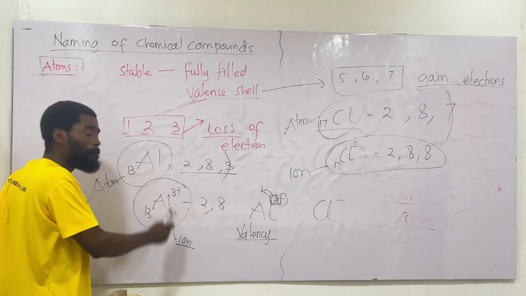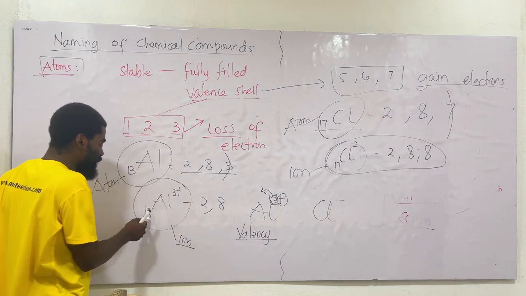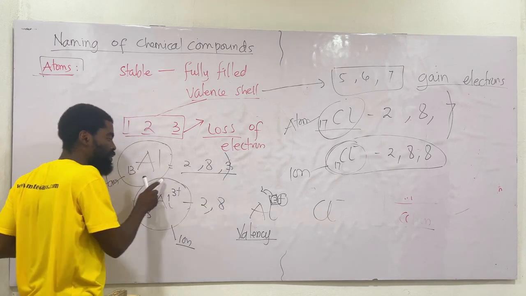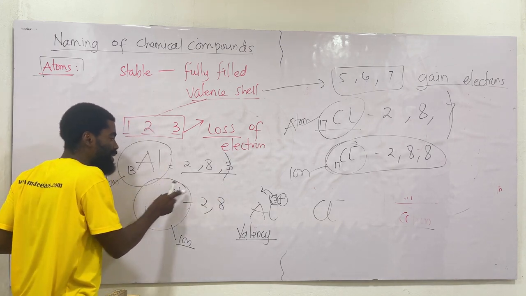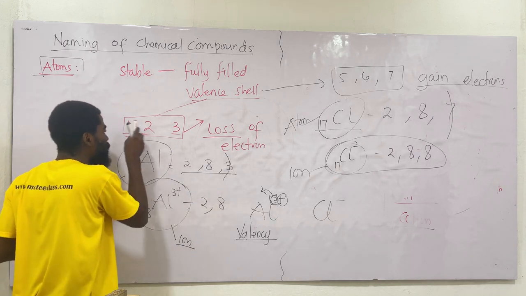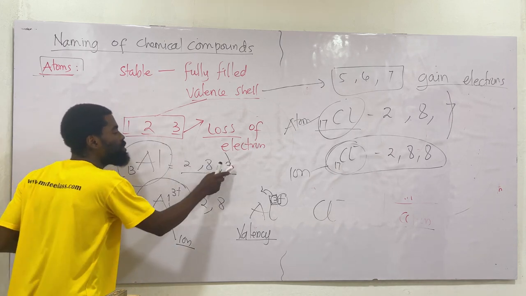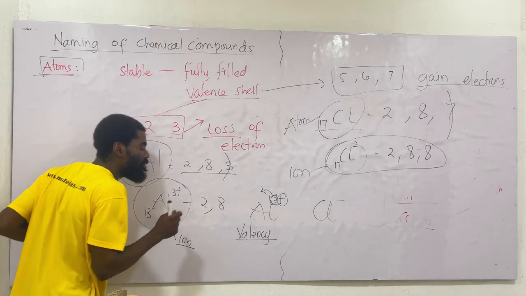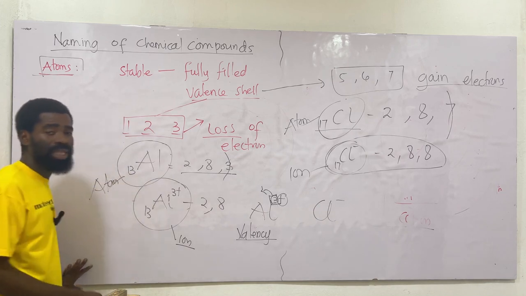But since you know that this is number 13, I wrote down its electronic configuration. As I wrote it, I knew that the last shell needs 5 more. But when you're within 1, 2, and 3, you need to give out. So it gave out. Then I chose the number as its valency. I hope you understand what I'm saying here.